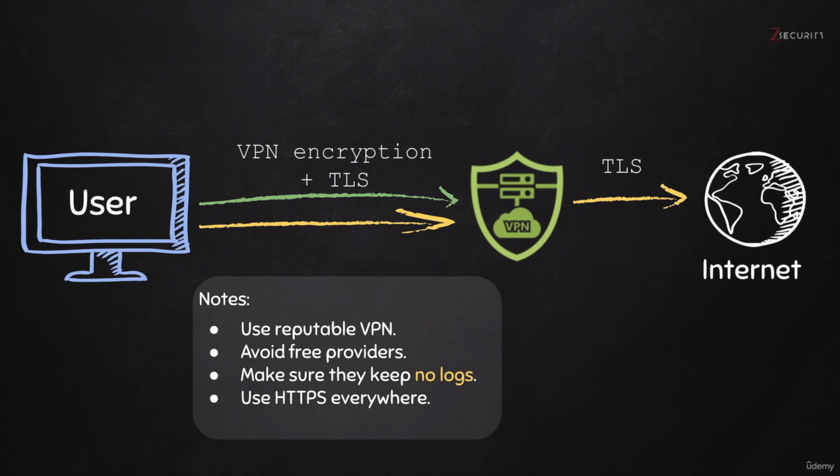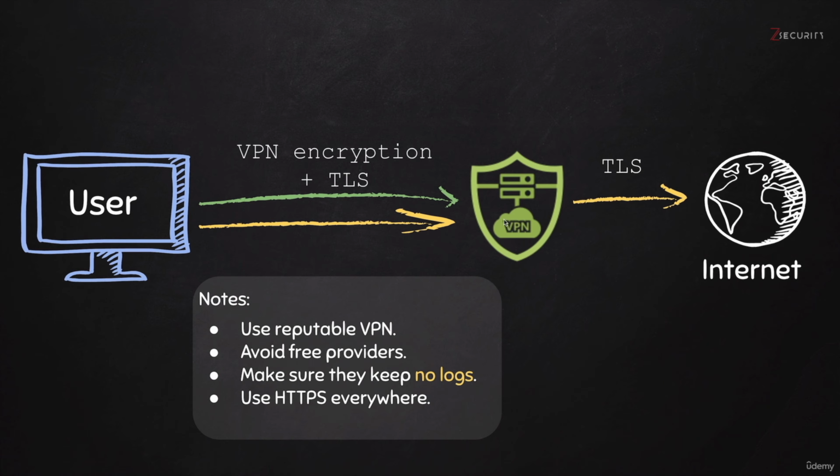And with all of that, you can use the HTTPS Everywhere plugin with the VPN. If you do that, you will actually fix the problem of the data leaving the VPN server, because your data will be encrypted between your computer and the VPN server with 2 layers of encryption. First, using the VPN encryption, and second, using TLS because of HTTPS Everywhere. Then, data leaving the VPN server will be encrypted with 1 layer of encryption, which is the encryption enforced by HTTPS Everywhere.